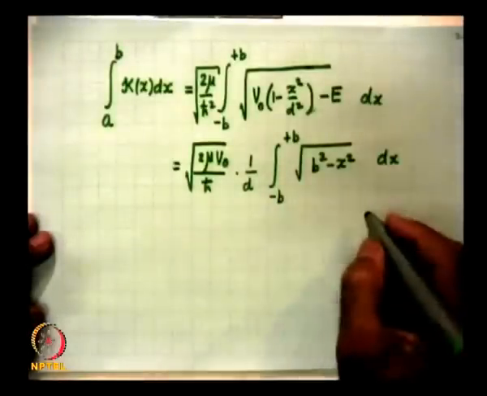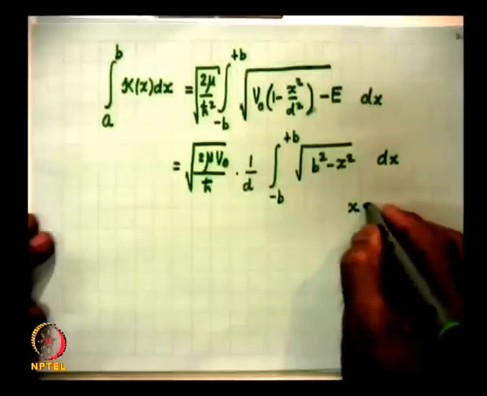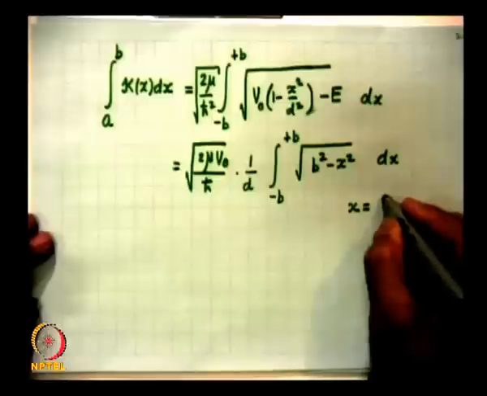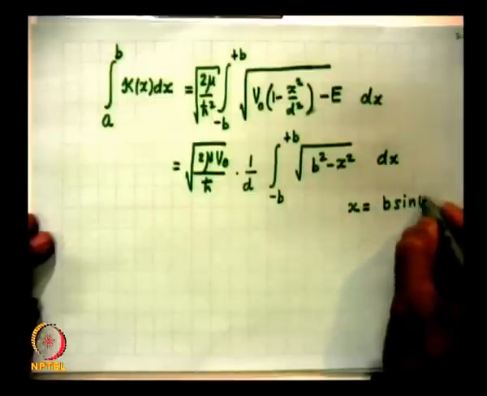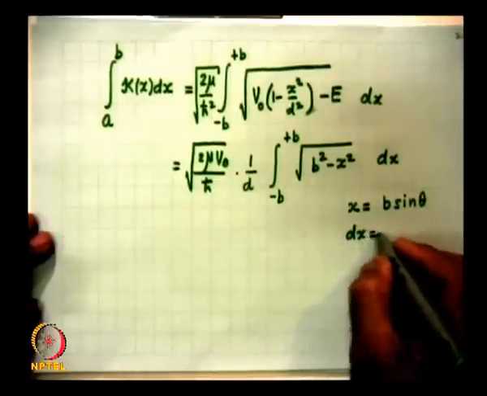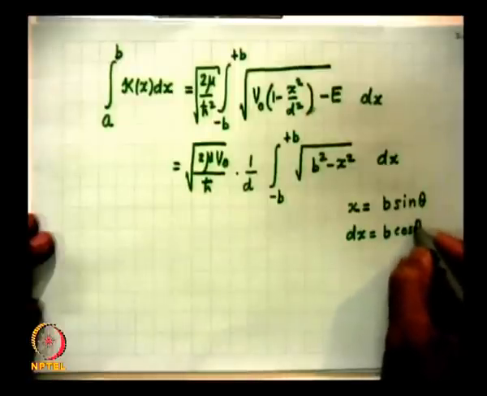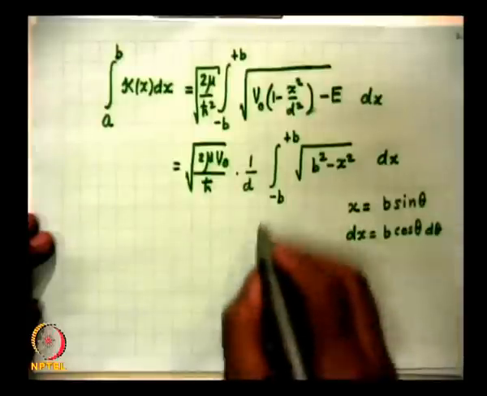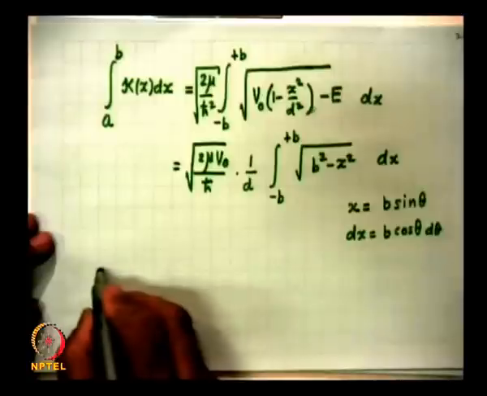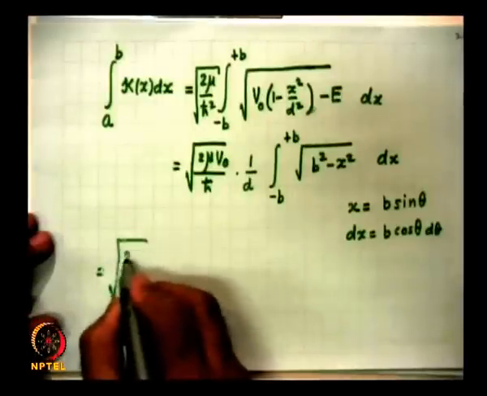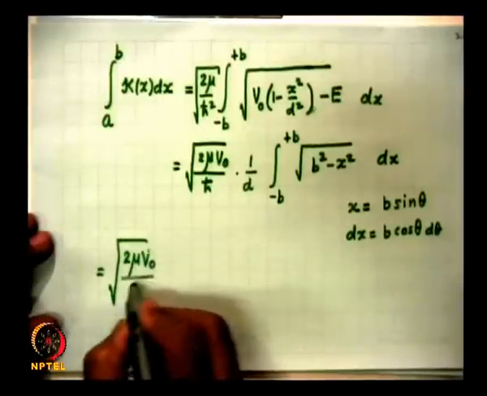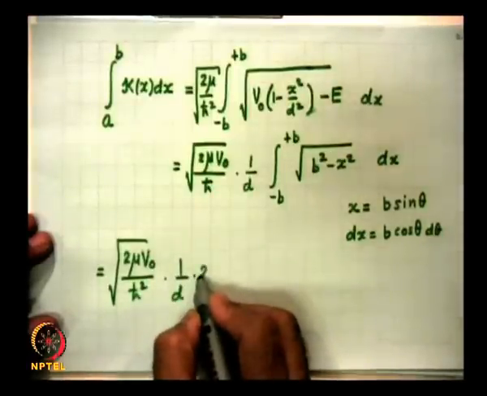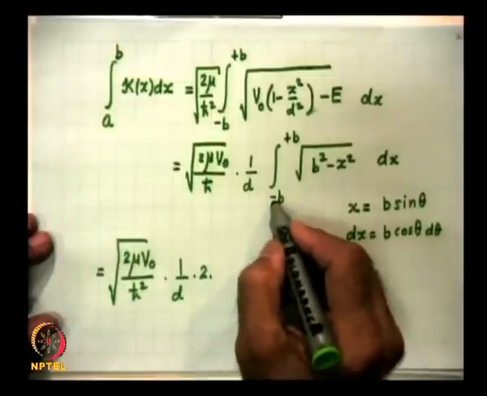So, let me then do the same kind of algebra as we had done before. Let us suppose x is equal to b sin theta. So, dx is equal to b cos theta d theta. Let me write it on the left: under root of 2 mu V 0 by h cross square, 1 over d, multiplied by 2, because I will put this integral as from 0 to b.